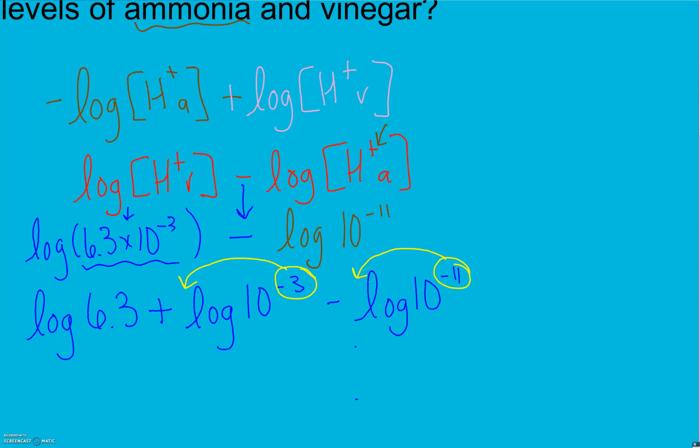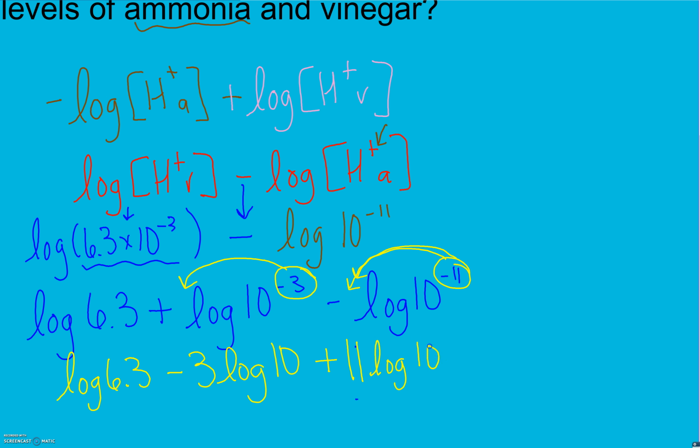So our exponents we can swing to the front using that product property. It's going to give me log 6.3 minus 3 log base 10 of 10. And then when we take negative 11 times this negative here, we get minus negative 11. Two negatives make a positive times log base 10 of 10.